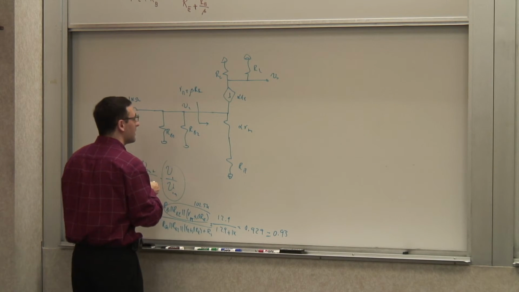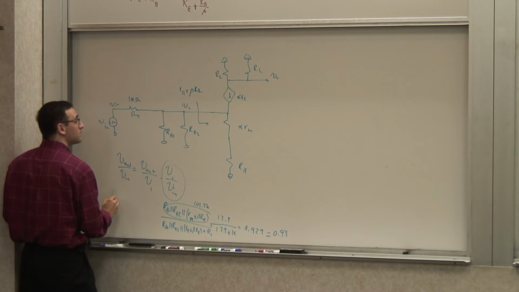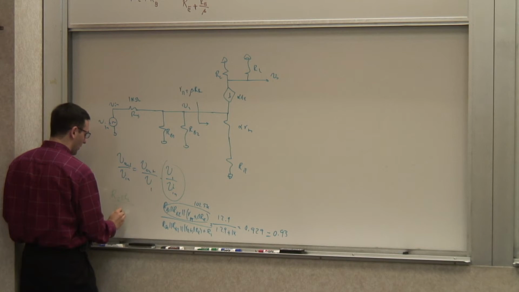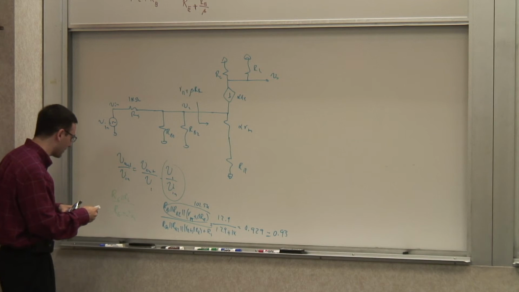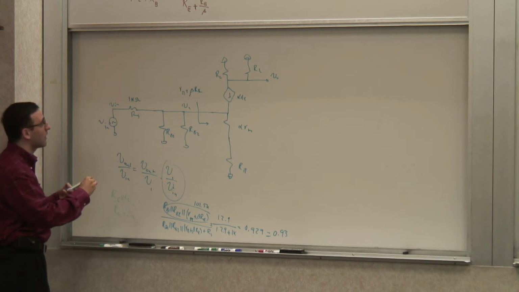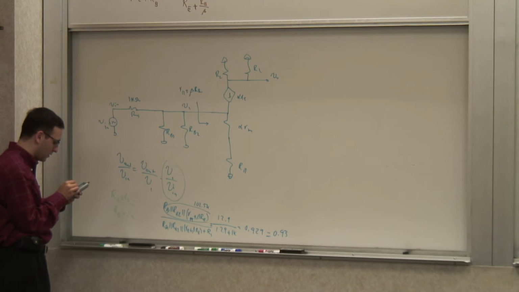So that gain is RC in parallel with RL divided by RC in parallel with RL plus RE plus Rm. It's really alpha Rm, but I'm saying R. So RC in parallel with RL is 3.9 times 10 divided by 13.9.